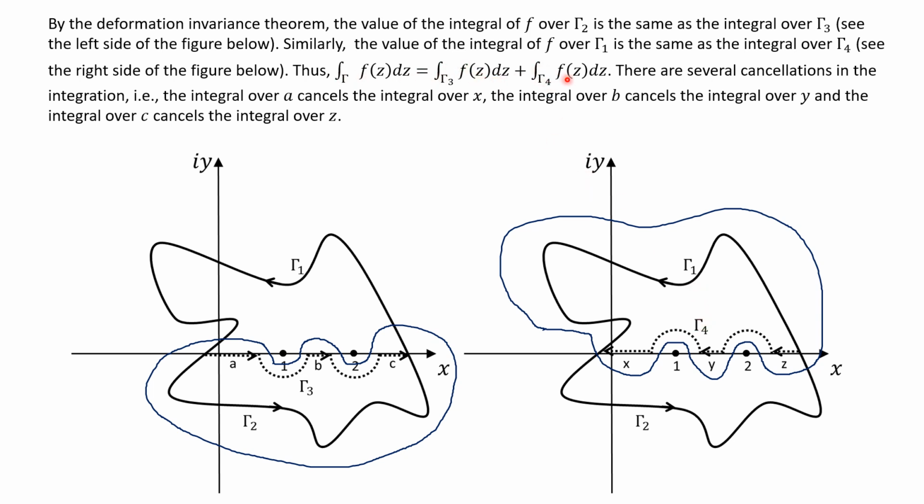And so we reduce the problem to evaluating these two integrals, but with a couple of advantages here. This line integral a and x are in different directions, so they cancel. B cancels with y, and the integral over c cancels with z. And we're left with a semicircle about 1, and the rest of it is another semicircle above 1.